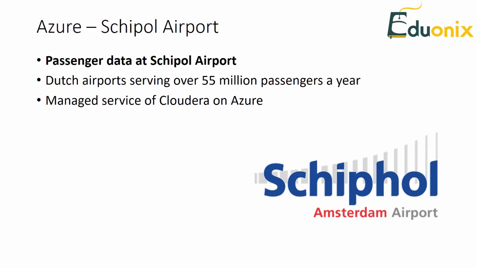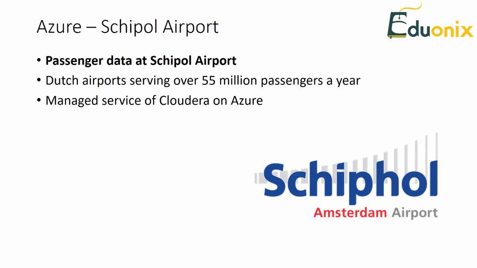All data from Schiphol Group are consolidated in this first Cloudera big data solution on Microsoft's cloud hosting platform, which is Azure in Europe. With the implementation of the Data Science Suite, Schiphol Group and GoDataDriven started to work together on the development of data science solutions to improve operational efficiency.